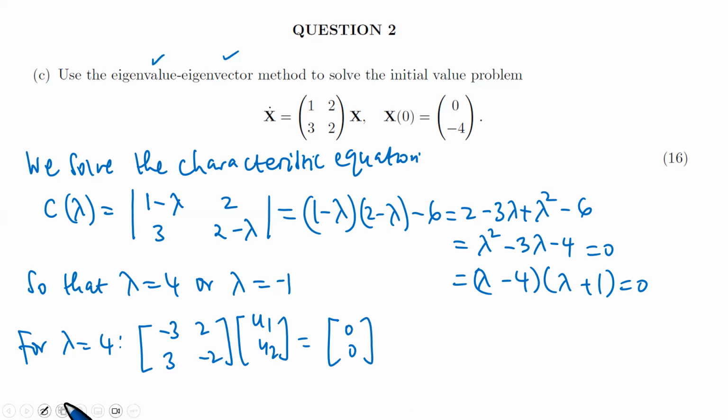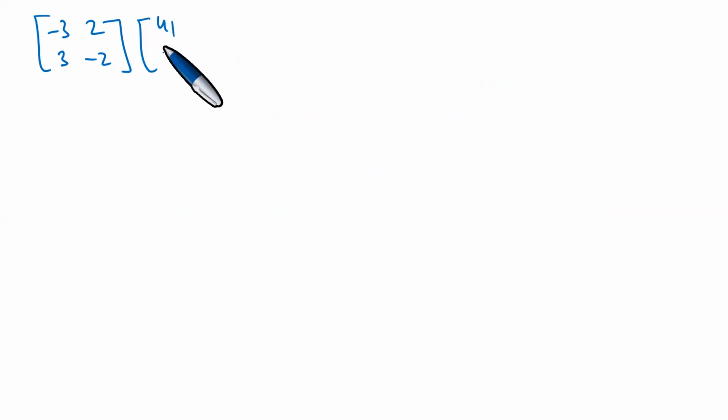Okay, let's move to the next slide. The matrix is minus 3, 2, 3, minus 2, and we set U1, U2 equals 0.